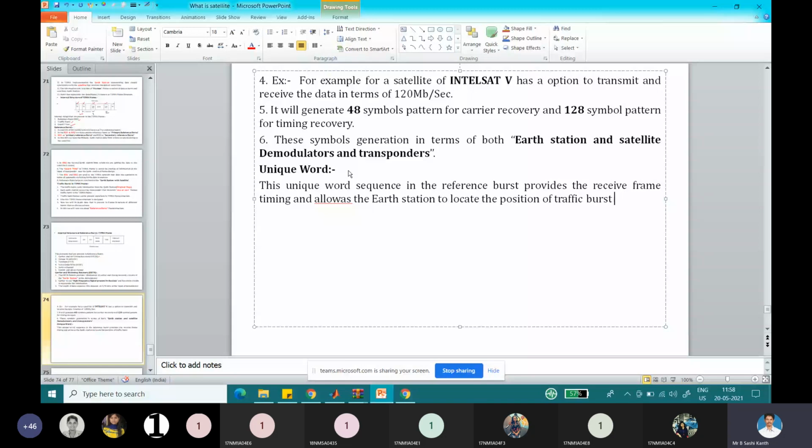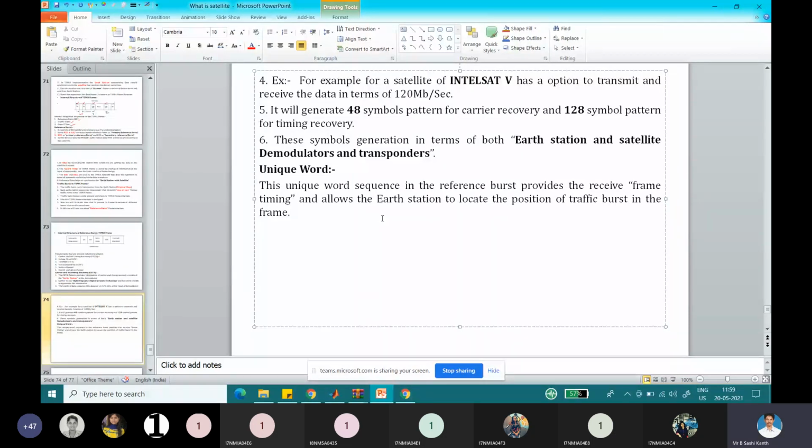Wow, it is very easy. The sentence written is very long, you may think, but it is very easy. This unique word is present in the reference burst. It provides the receiving frame timing, and it allows the earth station to locate the position of the traffic burst in the frame. So what does it mean? The unique word sequence present in the reference burst provides the receiving frame timing. I'll keep this highlighted as frame timing.